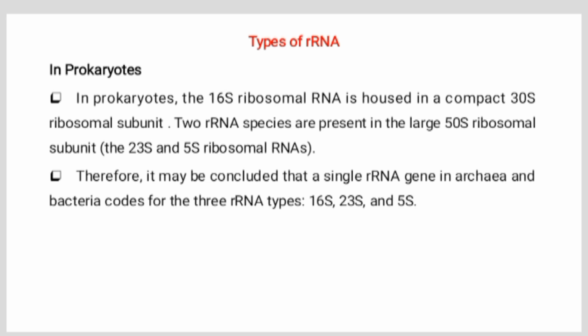Types of rRNA in prokaryotes. In prokaryotes, the 16S ribosomal RNA is housed in a compact 30S ribosomal subunit. Two rRNA species are present in the large 50S ribosomal subunit, 23S as well as 5S rRNAs. So the rRNA types in prokaryotes are 16S, 23S and 5S rRNA.